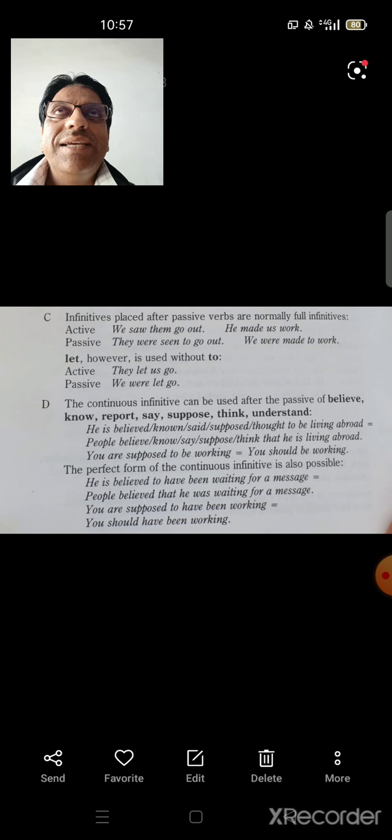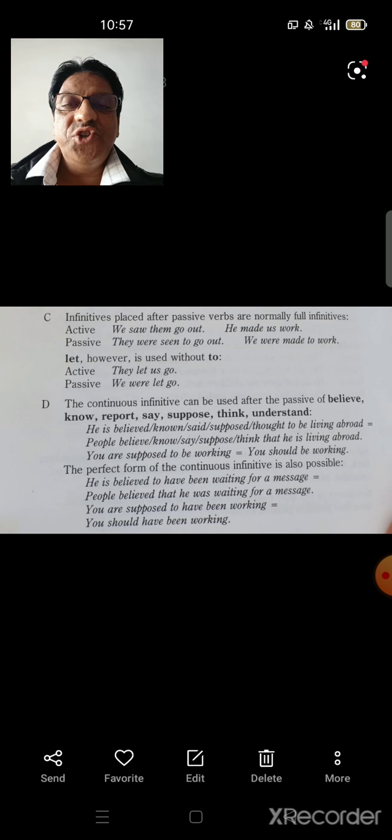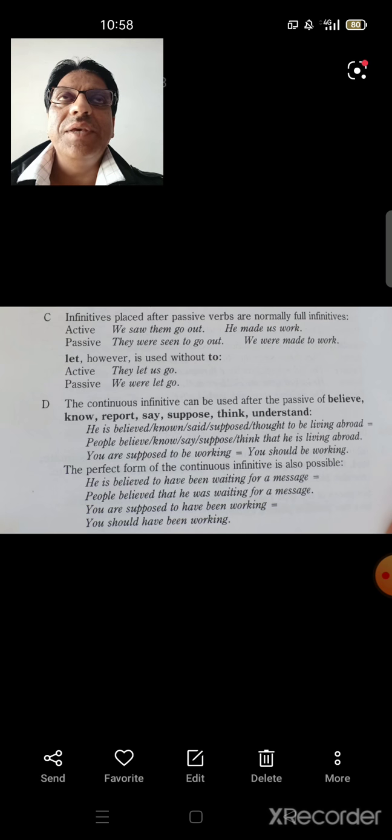So I think that we come to the end of active and passive sentences, active and passive formation that we have done. So this is how the passivization is done. It's a simple procedure, step-by-step procedure. And if you follow these steps, the passivization can be easily done. You just have to focus on the main verb.